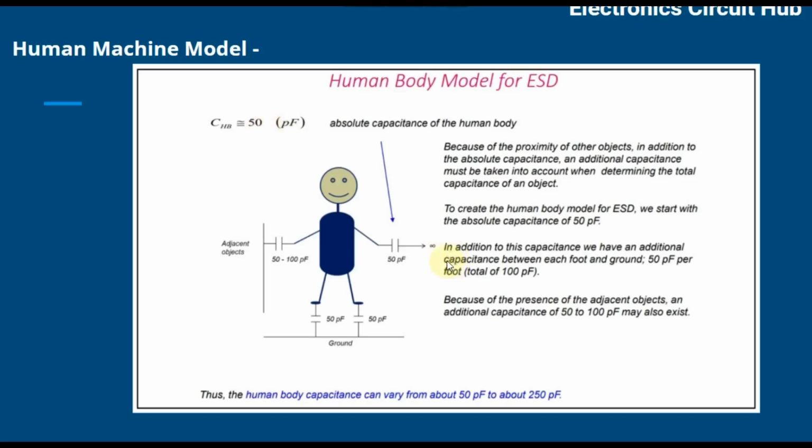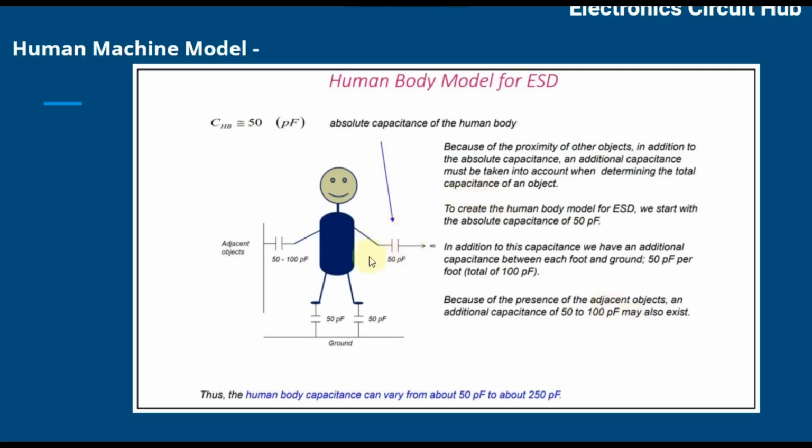Because of the proximity of other objects, in addition to the absolute capacitance, an additional capacitance must be taken into account when determining the total capacitance of the ESD. Because of the presence of adjacent objects, an additional capacitance of 15 to 100 pF may also exist.